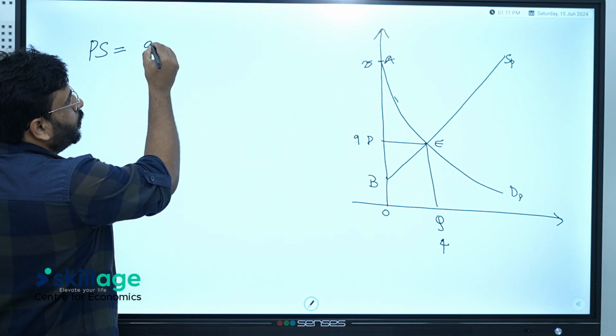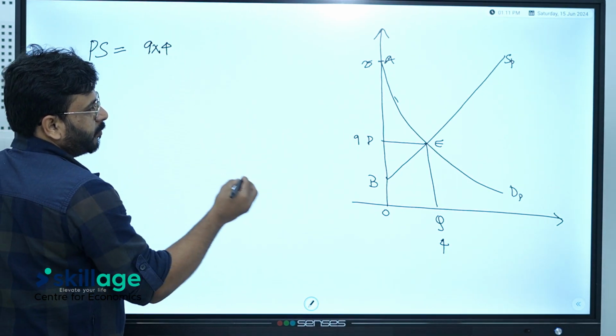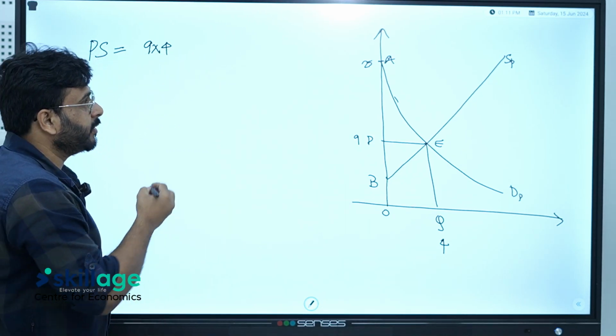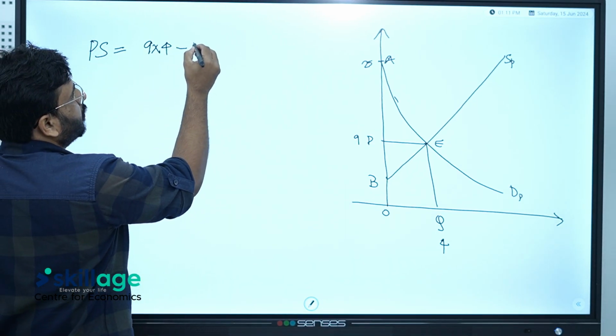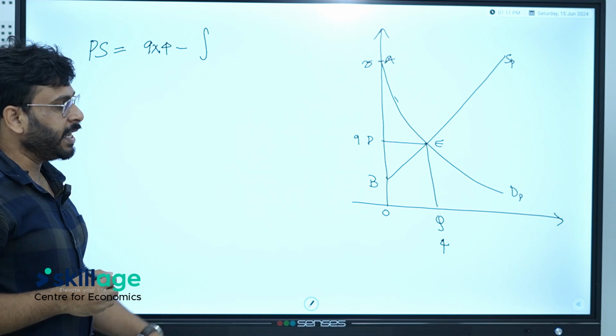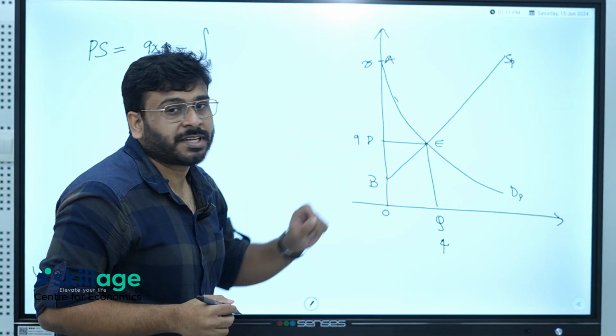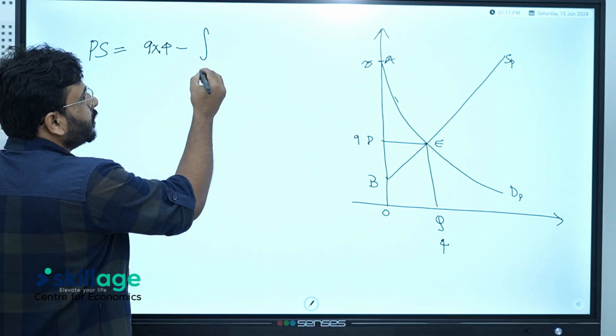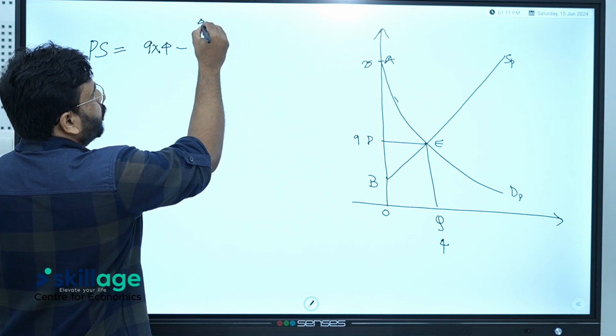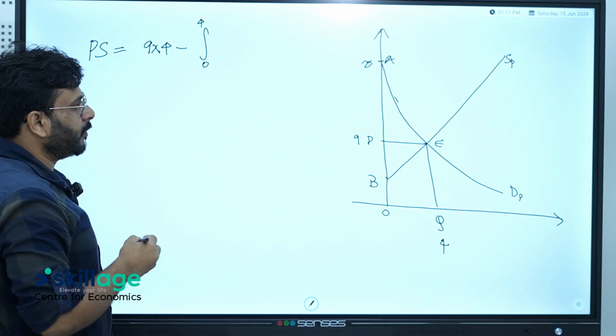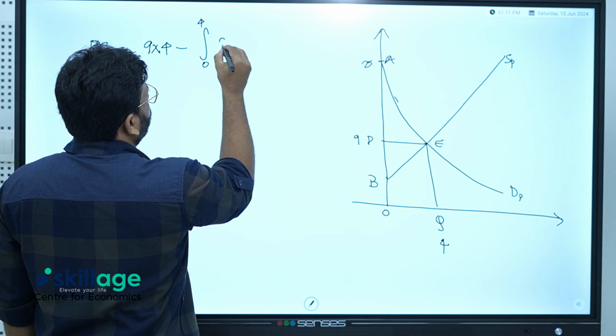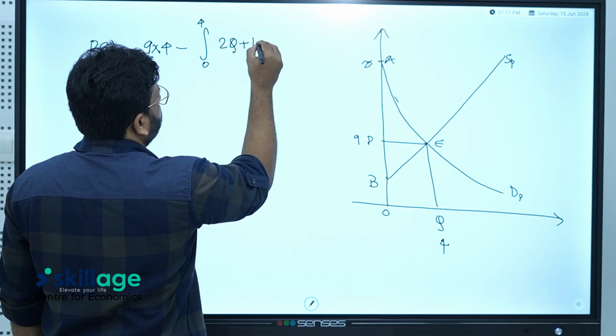So, 9 into 4, which is this whole rectangular area, minus the area under the curve from 0 to q for the supply curve, that is 0 to 4, and your supply function is 2q plus 1.